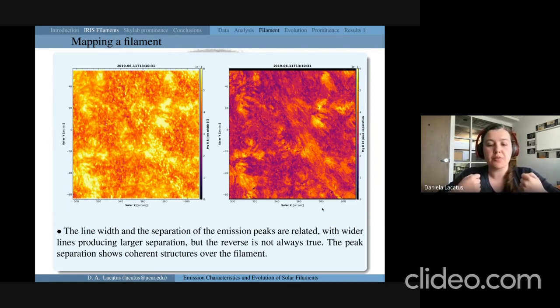For instance, you can have profiles that have very large peak separation but are very narrow, while you can also have profiles that have low peak separation but are broadened by non-thermal motions and have a very wide profile. In the peak separation, we can still identify some of the filament structures, especially towards the middle here, where the emission is a little bit stronger.